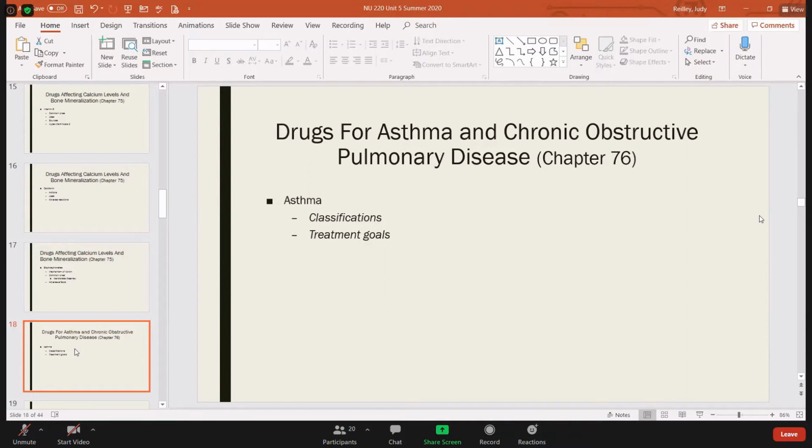So yearly they should follow up with their ear, nose, and throat doctor, their pulmonologist, or their allergist to have a pulmonary function test done to make sure that they are functioning well.